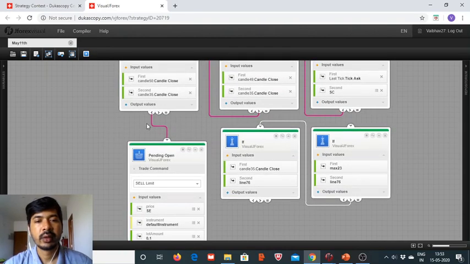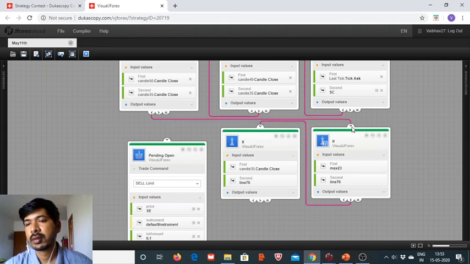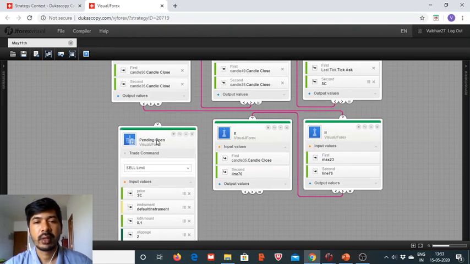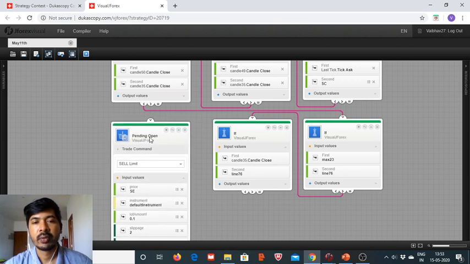So here we have the first input less than the second input, that is candle 50's closing needs to be less than the candle 35's closing. So we keep the requirement as it is and we join the flow here.